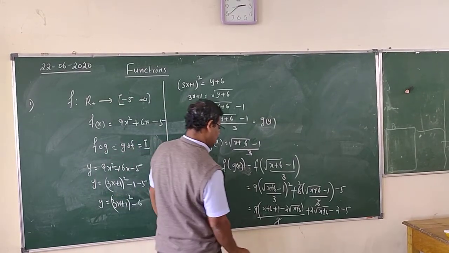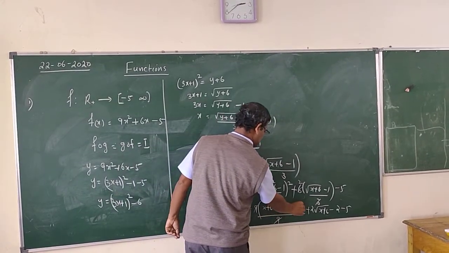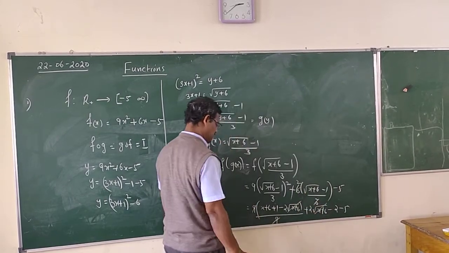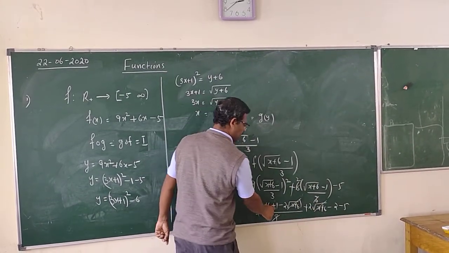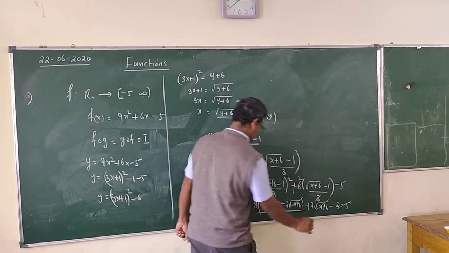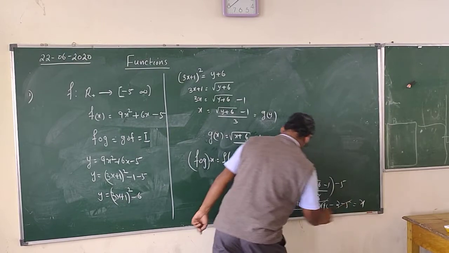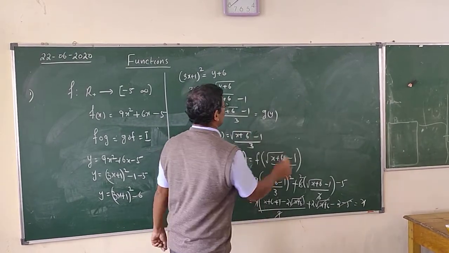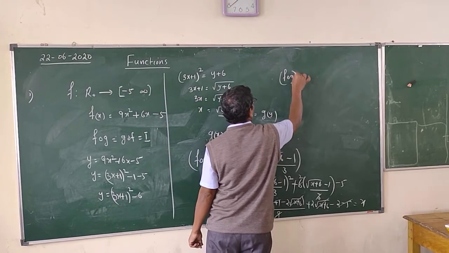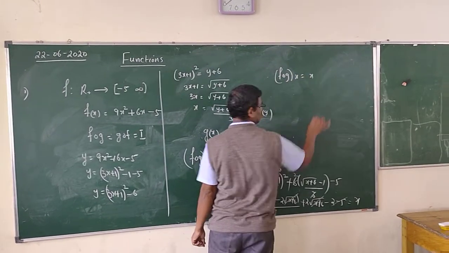You can see that minus 2 times root of x plus 6 and plus 2 times root of x plus 6 will get cancelled. 6 plus 1 is 7, and this 7 gets cancelled, and finally your answer is x alone. So you get that f dot g of x is equal to x.